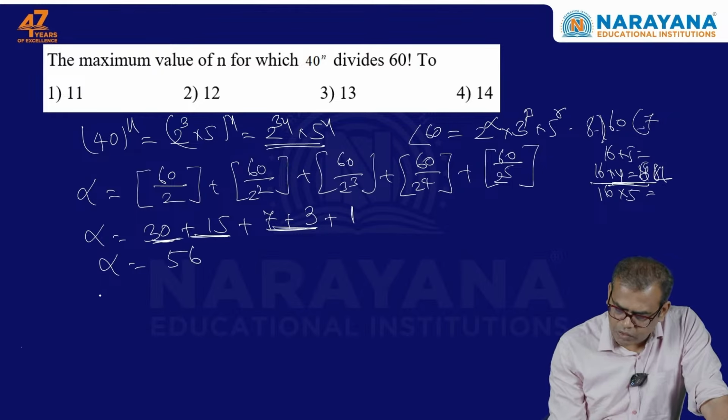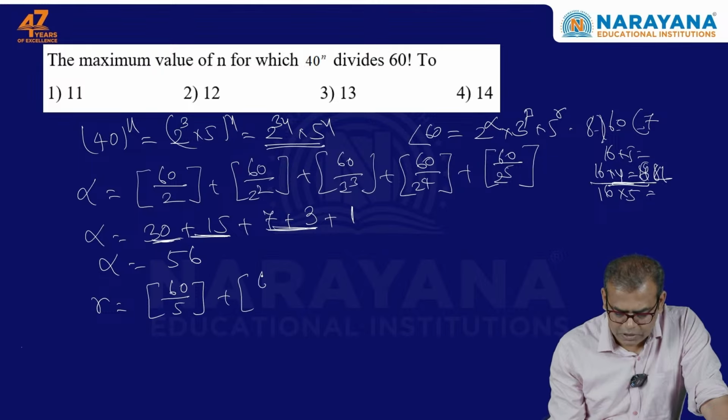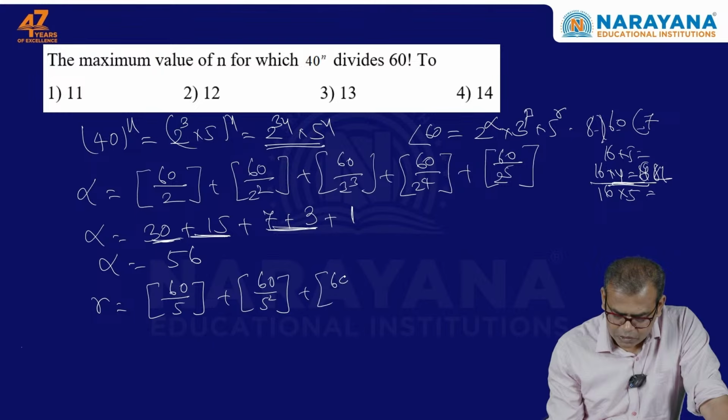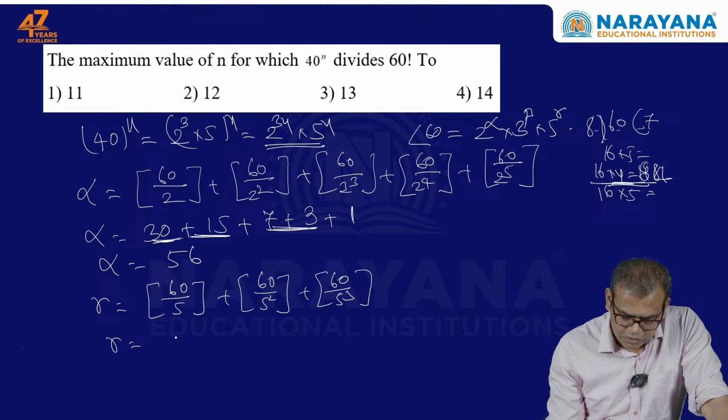Now write the exponent of 5, meaning the value of gamma is 60 by 5 plus 60 by 5 square, 60 by 5 cube, whichever is larger. So the gamma value is 12 plus 1 is 13 will come.